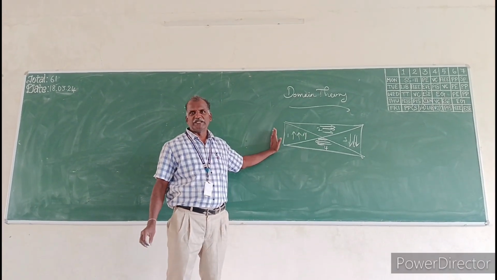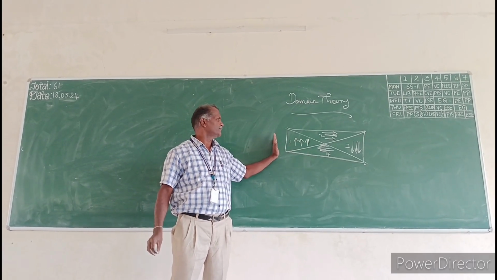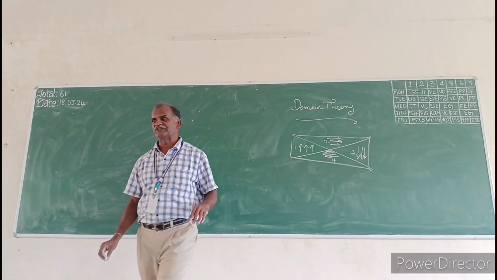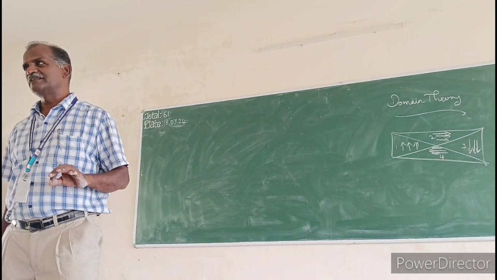This is a ferromagnetic material. In this ferromagnetic material, 4 domains are present. How many domains are present? 4 domains.